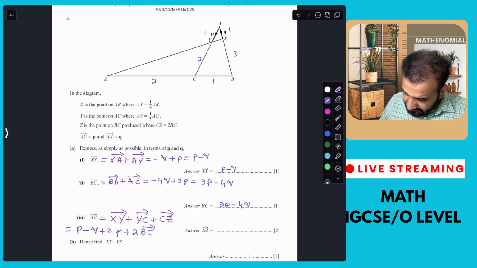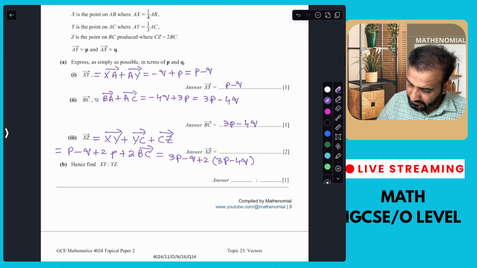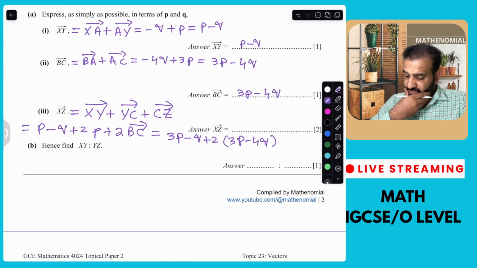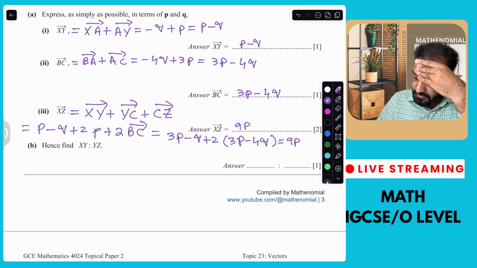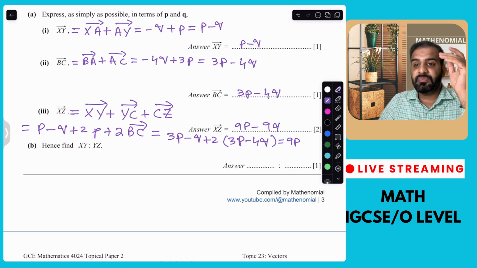So which will become 3P minus Q plus 2 times BC. So 3P minus 4Q. Okay. So it will be 6P plus 3P. It is 9P. And then minus 8Q minus Q is minus 9Q. That's it.